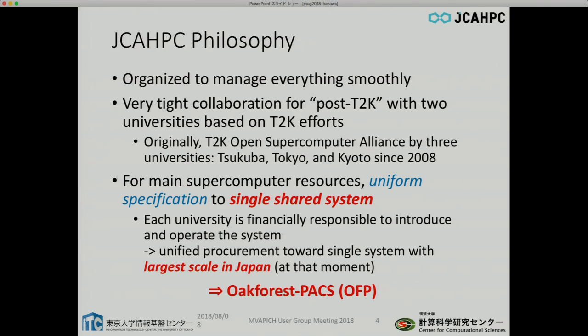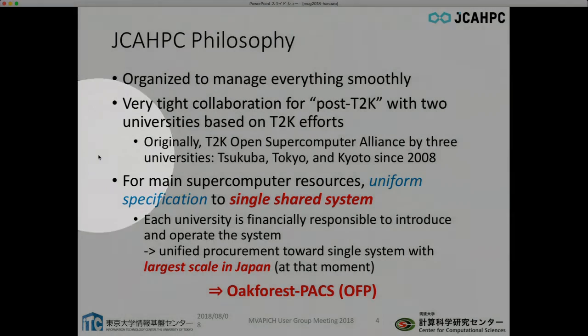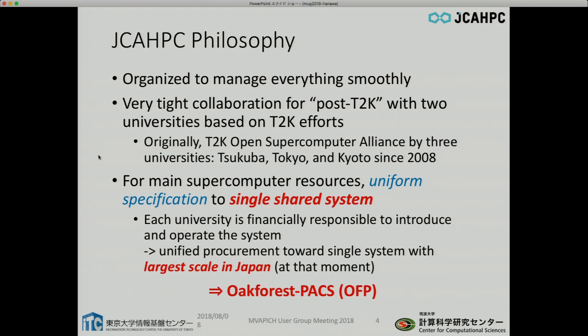Each university is financially responsible to introduce and operate the system. By combining the budgets of both universities, we wanted to build the largest scale in Japan at that moment. So this is the Oakforest-PACS system.